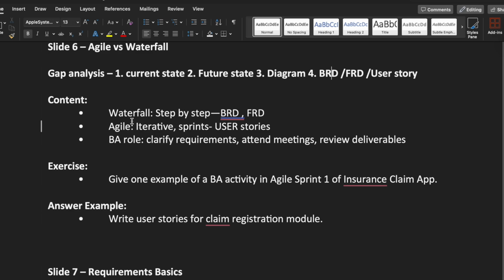Okay. So now let's continue the requirement basics. You will hear these things in your discussions: functional requirement, non-functional requirement, business requirement, right? Don't worry, these are kind of labels.